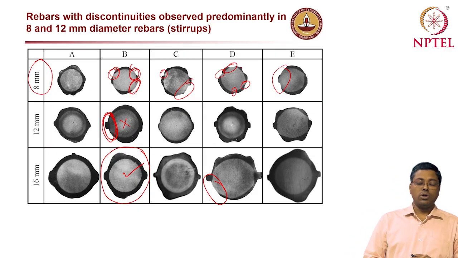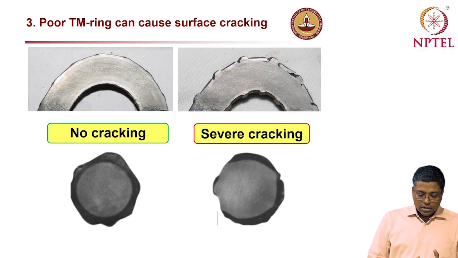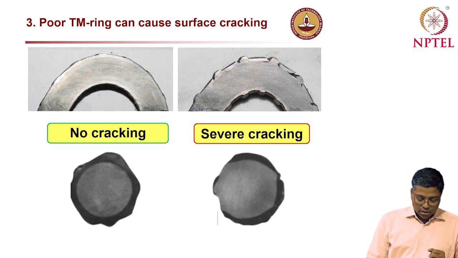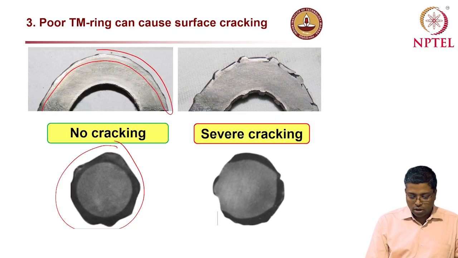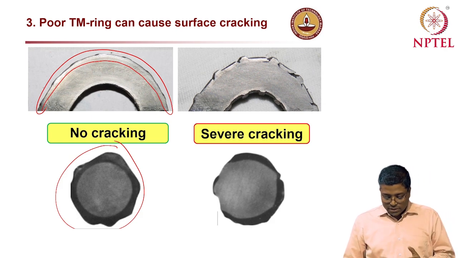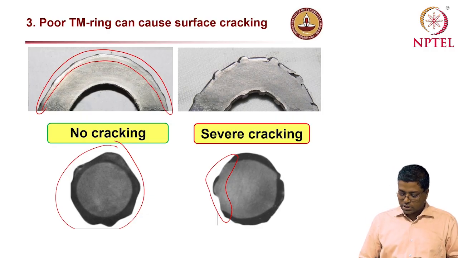So what is the impact of this? Why am I saying this is not good? The impact is this. On the left side is an image. At the bottom left, you can see a cross section of very good steel. When you bend that, there is no crack in this region. It is perfectly all right. There is no crack induced due to the bending. But on the right side image, you can see how the cross section is.